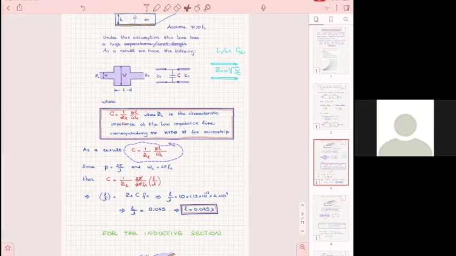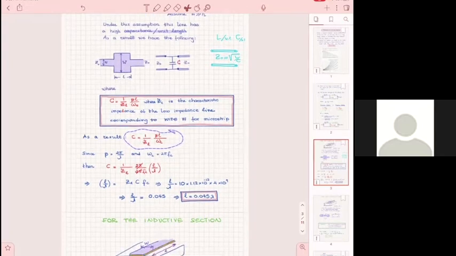And I plug in the values here, and I get a length of line for 10 ohms to be 0.045 of a wavelength. That's very low. So I know that I'm accurate in this calculation that I've done.